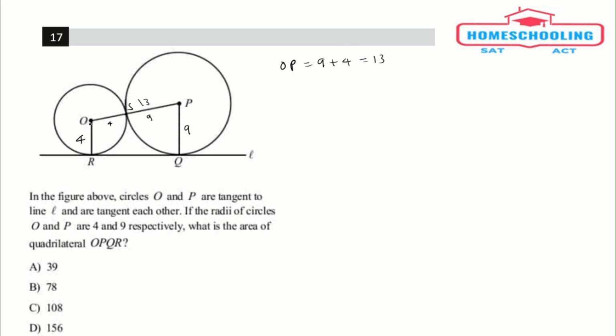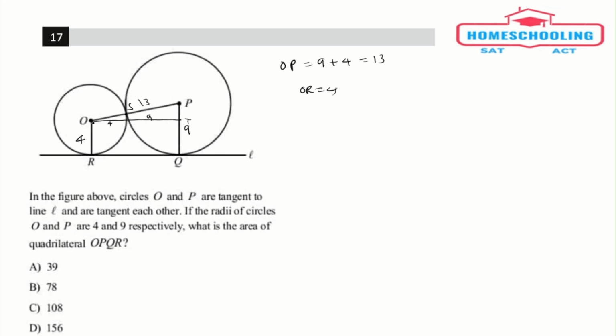Now for the quadrilateral, we cannot use a quadrilateral formula, so what we are going to do is draw a line parallel to RQ. Let's put the point as T. So OR is 4.